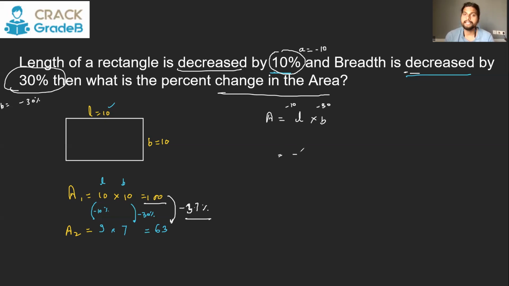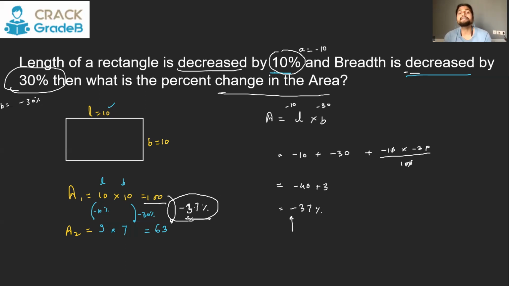So you can just say A plus B plus A into B upon 100. That gives us minus 10 minus 30 is minus 40, and minus minus will become plus. The zeros will get cancelled, so it will become plus 3. So minus 40 plus 3 is minus 37, and the minus sign tells you that there will be a resultant decrease in the area.